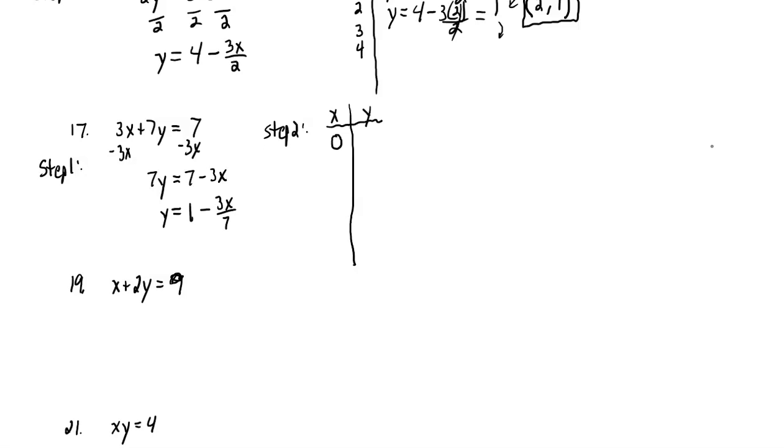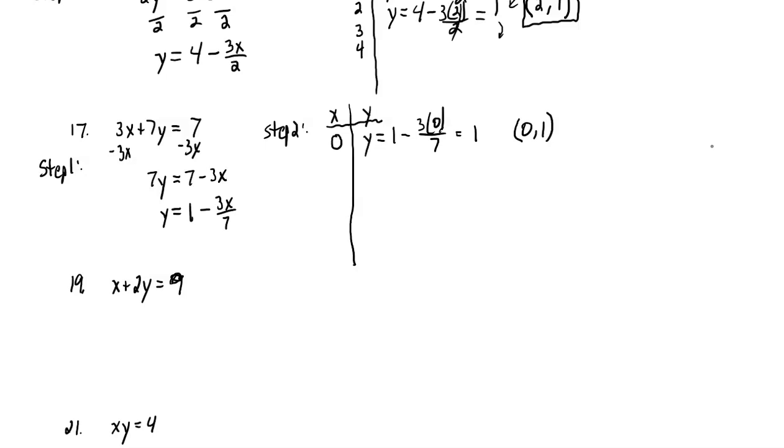So if x is 0, what would we get as an output for y? 1 take away 3 times 0 over 7. What's that make? 3 times 0 is 0. 0 divided by 7 is still 0. And 1 take away 0 is 1, which is a whole number. So 0, 1 is an ordered pair.